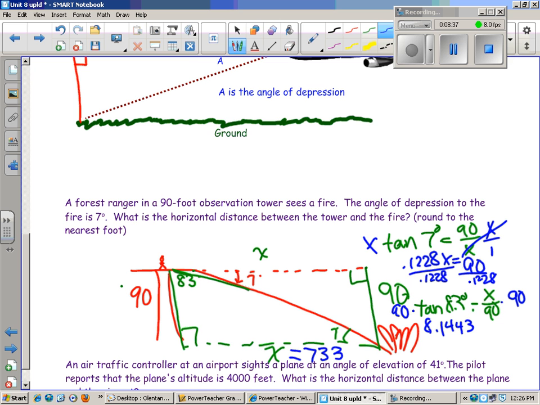Okay. And then multiply that by 90, and I get 732.8. Yeah, 733. So it doesn't really matter which one I do. I end up with the same answer. Okay? So far, so good?